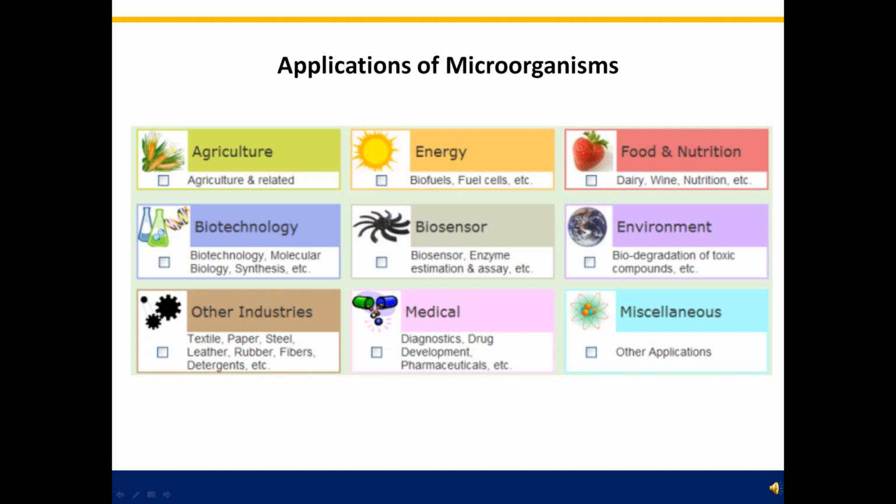And coming to environmental applications like biodegradation of toxic compounds, synthesis of xenobiotic degrading microorganisms like in superbug creations, and coming to other industry applications like paper industry, steel, leather, textile, fiber, detergents, say like making anti-corrosive steel products, where the microorganism helps to have a long lasting life for stainless steels.